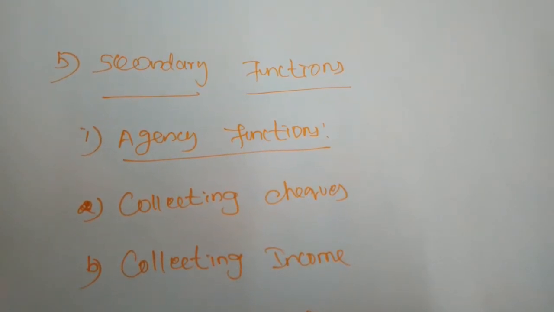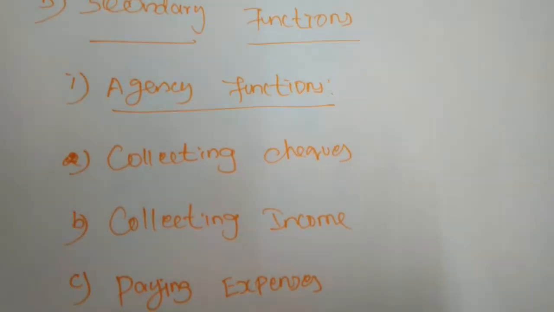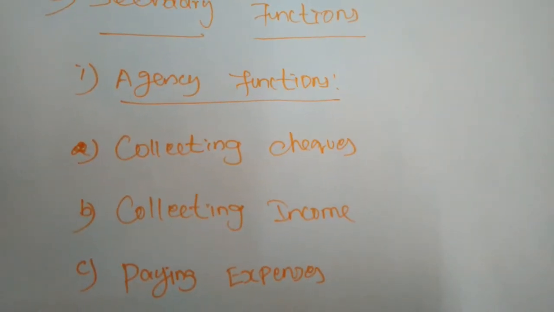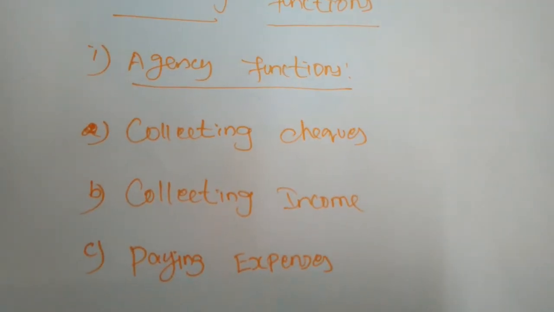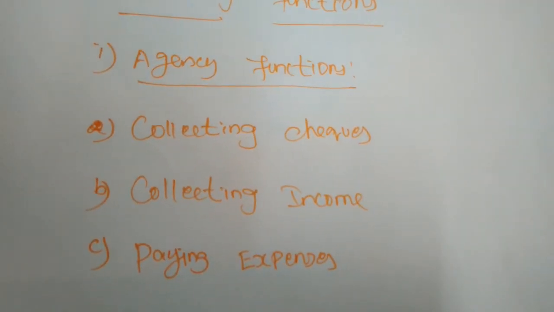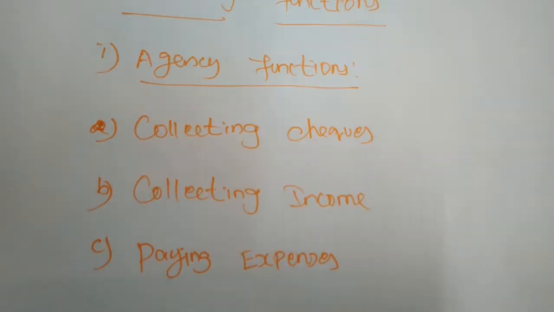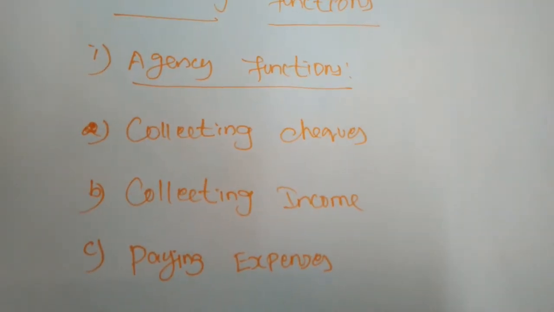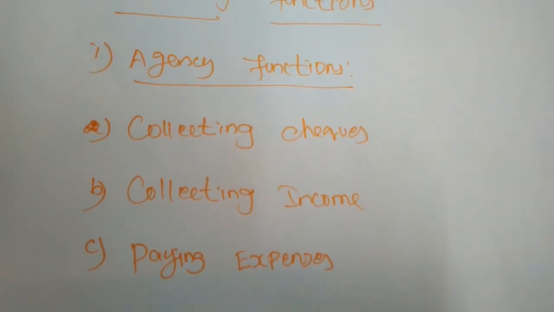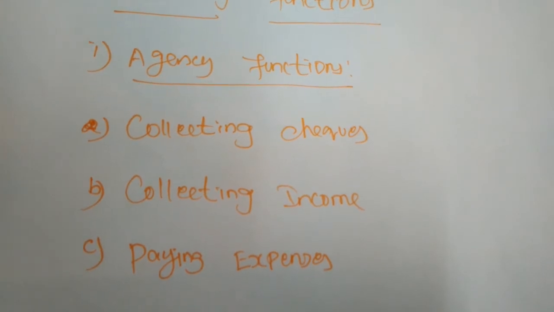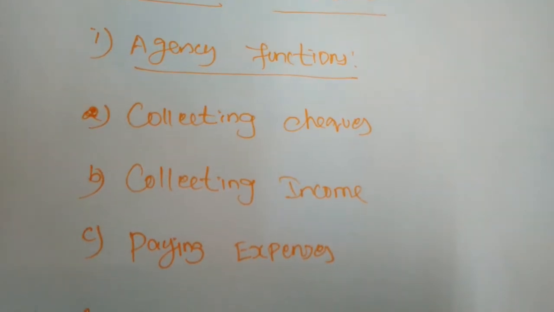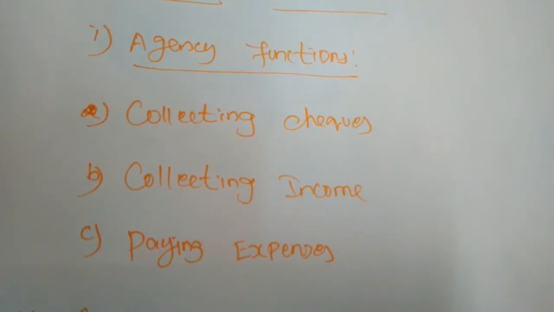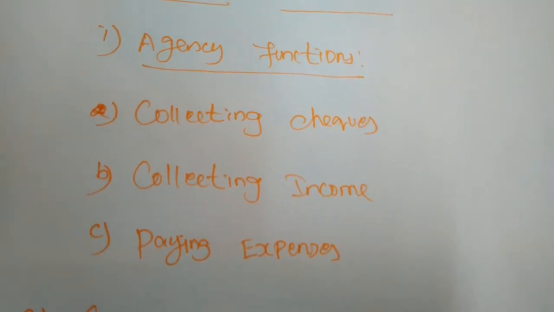The first one is collecting checks. The commercial banks collect checks and bills of exchange on behalf of their customers through clearing house facilities provided by the central bank. I already told you yesterday what clearing houses mean: checks can be collected from any bank, regardless of the branch.